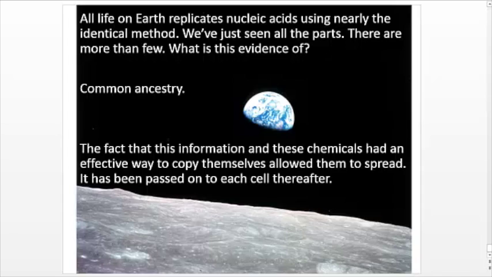And we haven't had any changes. No organism has found another way to do this process. There's never been an advantageous change. All things on Earth have a common ancestry with an ancient cell that developed this methodology by random chance.